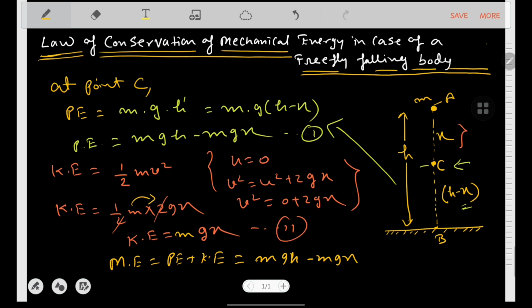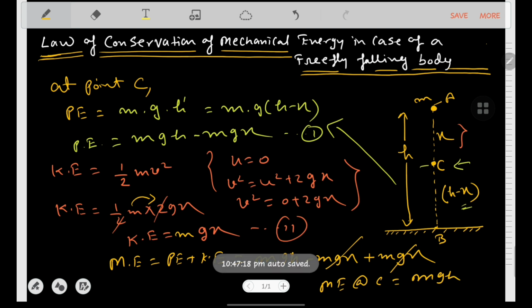Sorry for the confusion, the kinetic energy is mgx, not 2gx, because the 2 cancels out and we just multiply m. So we can write plus mgx. I hope it's clear to everyone. Now mgx and mgx cancel out, and what are we getting? ME at point C is equal to mgh.